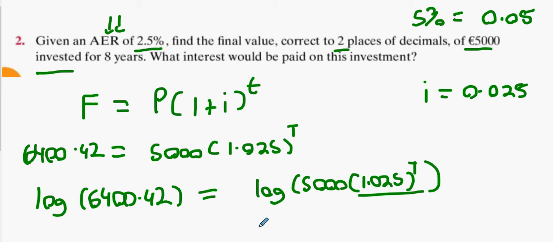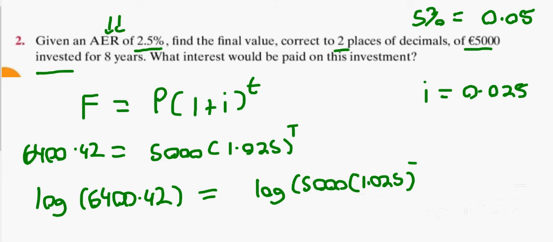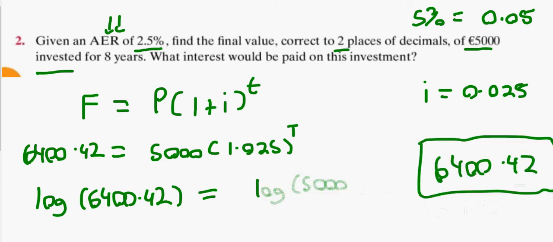If you were to do logs, you'd have to use the multiplication rule and split the logs like that. Now you could move that T to the front. Do you get what I'm saying? That's a lot more work than doing what? What should I have done two steps ago? It'd have been a lot better than going through all that nonsense.